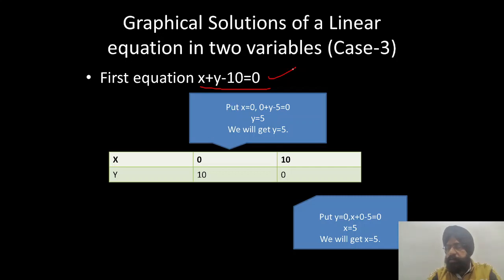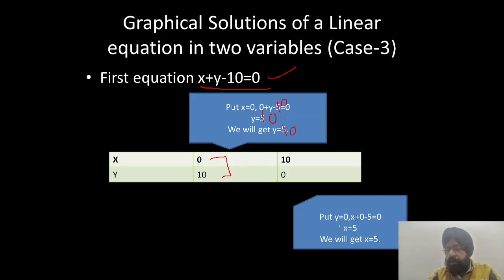This is my second equation. If I put x equal to 0, then y is going to be 10. See it carefully. Here I am mentioning the right answer. If x equal to 0, then y is going to be 10.